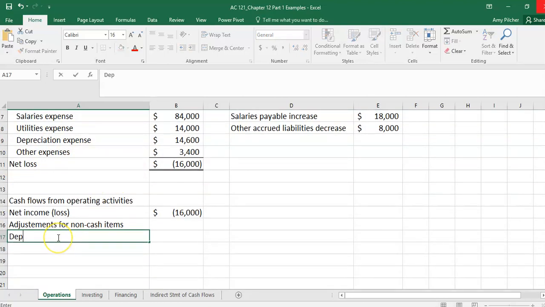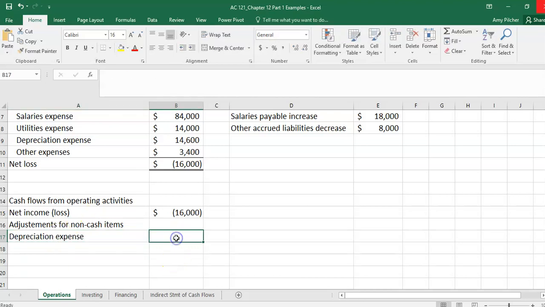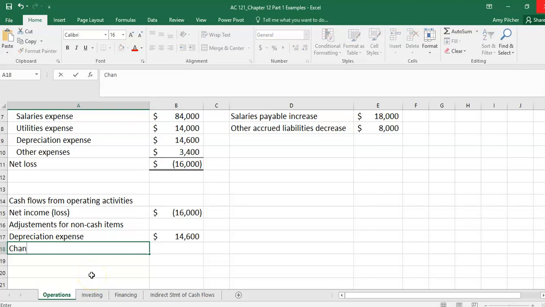Depreciation is a non-cash expense, so we add it back to net income. After adding back or making adjustments for non-cash items, we do the changes in current liabilities and assets.